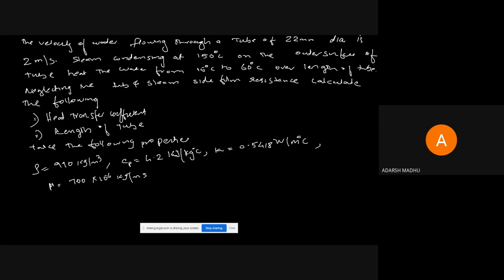So the equation to find the heat transfer coefficient is this, and you should follow this method, I will explain. That is the Nusselt number.